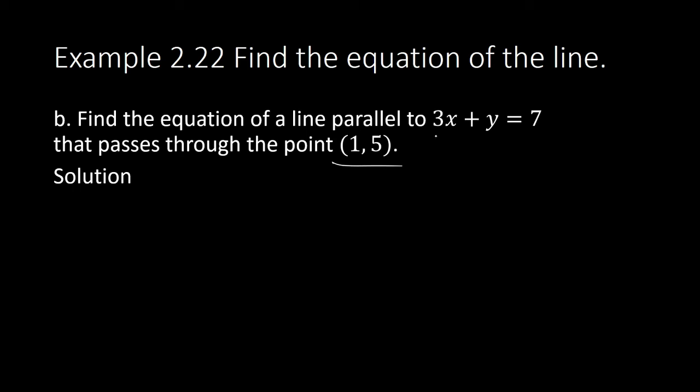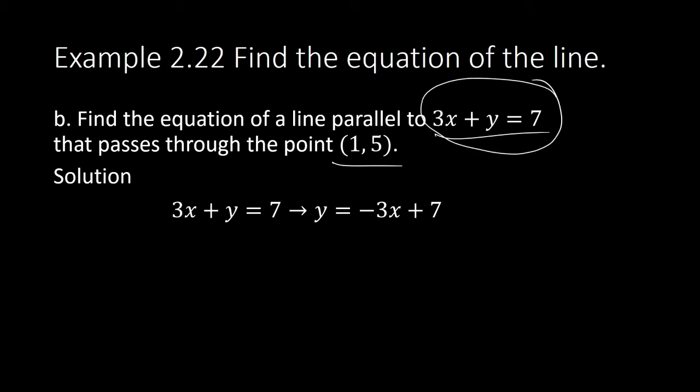Well, our key is this one. So we will get the slope of our line from this line. Okay, so this is another line. Writing this line in the slope-intercept form, y is equal to -3x plus 7. So parallel lines have the same slopes.